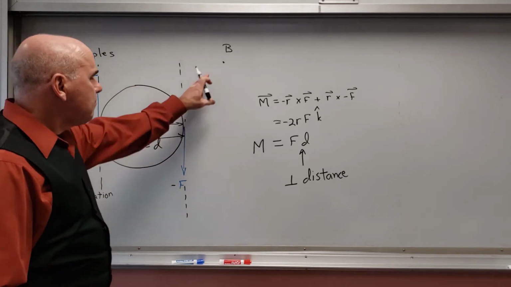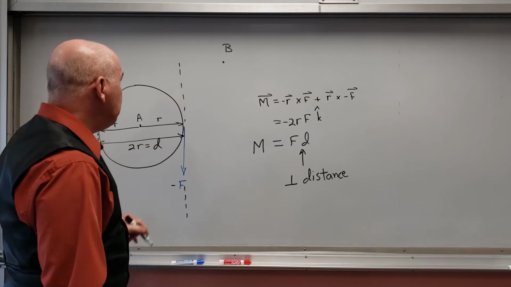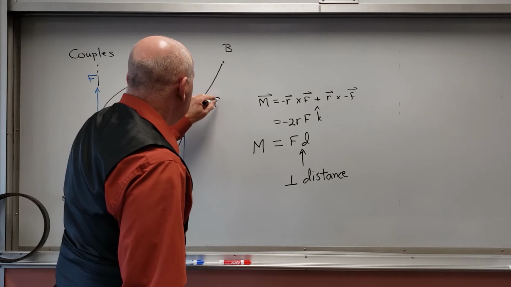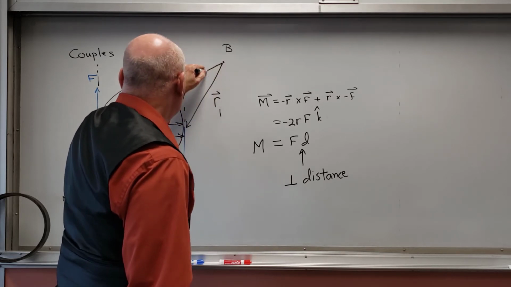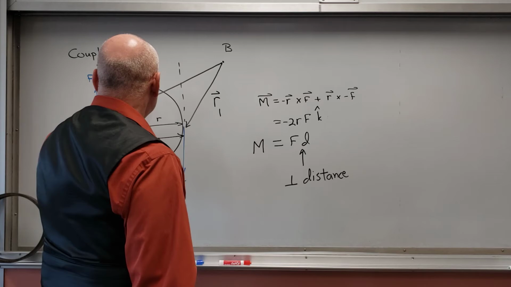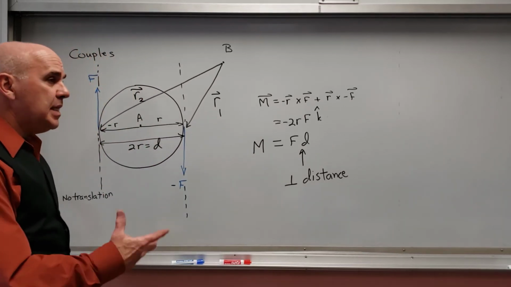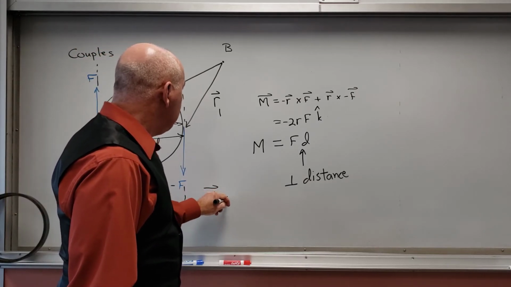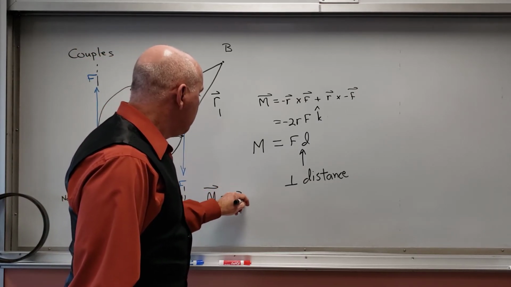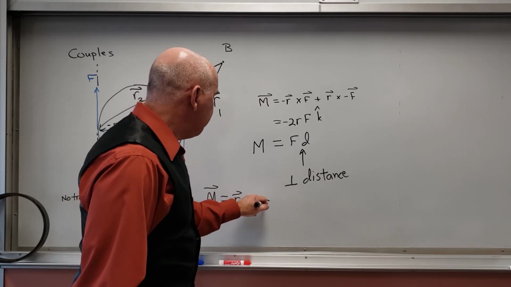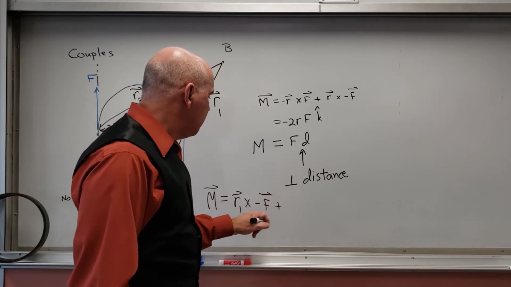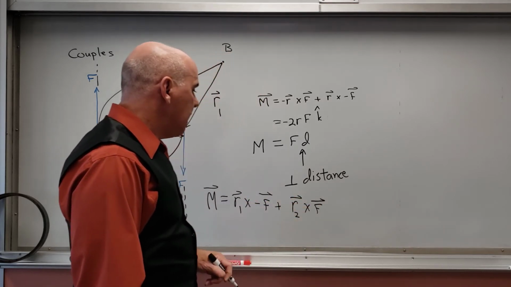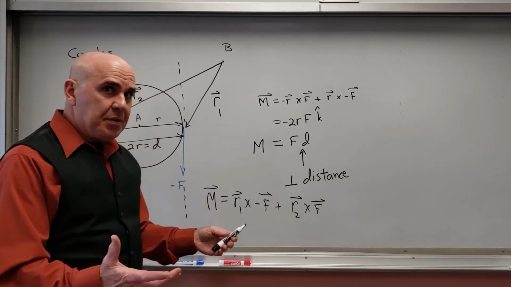Now it turns out, if I do the moment about B up here, right, I'm going to have an R there. Let me just label that R1, vector quantity, right? And then there's R2, vector quantity. And the net moment, as far as B is concerned, the net moment will be equal to R1 crossed with negative F plus R2 crossed with positive F, right? But this is distributive, right?